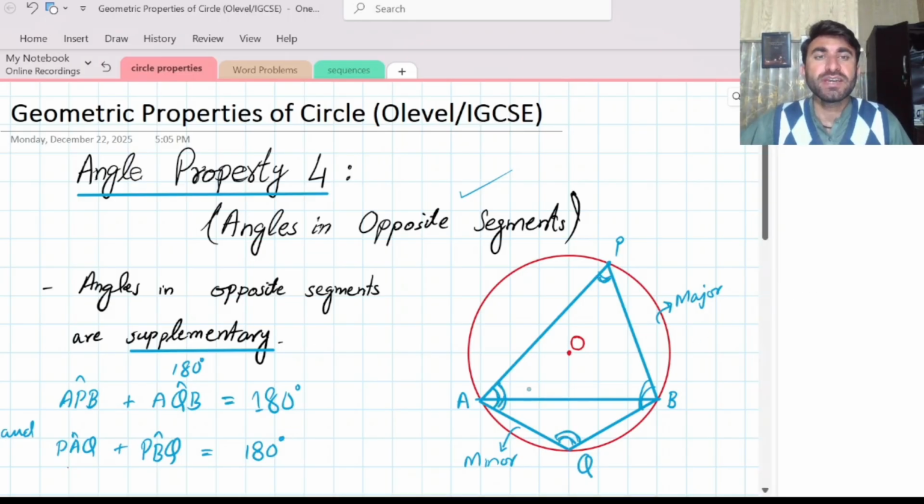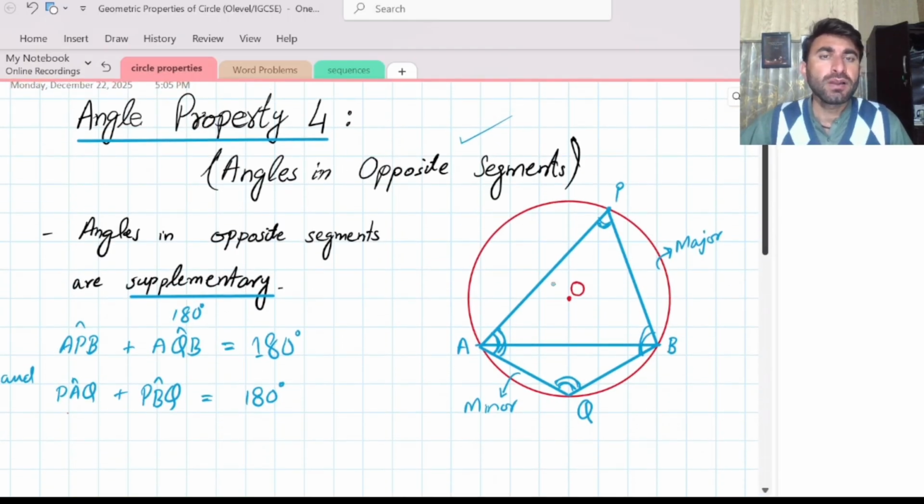Okay, now here we have a quadrilateral APBQ. If you can see it in the diagram, all four vertices of this quadrilateral APBQ lie on the circumference of circle, and such a quadrilateral is known as cyclic quadrilateral, whose all four vertices lie on the circumference of a circle.